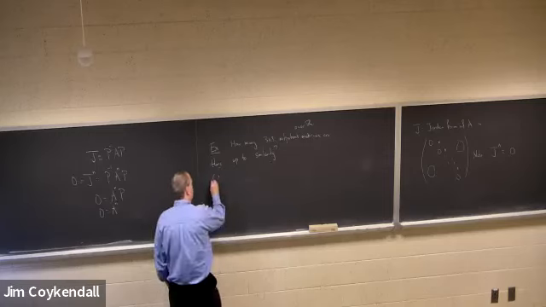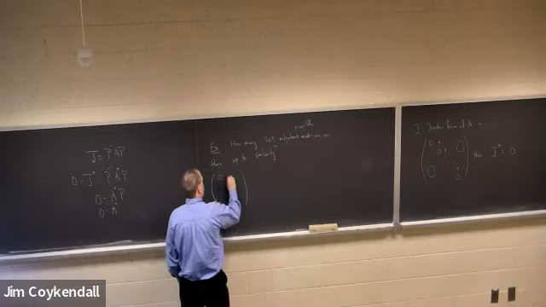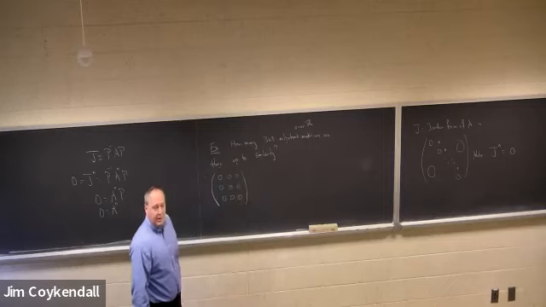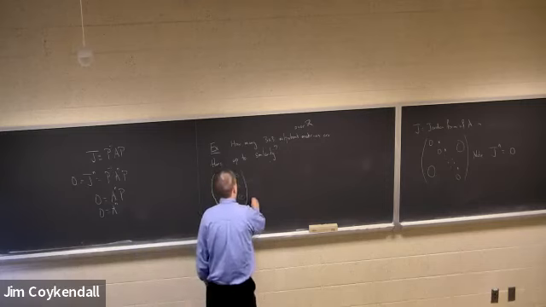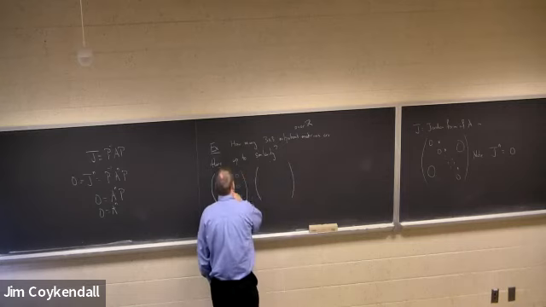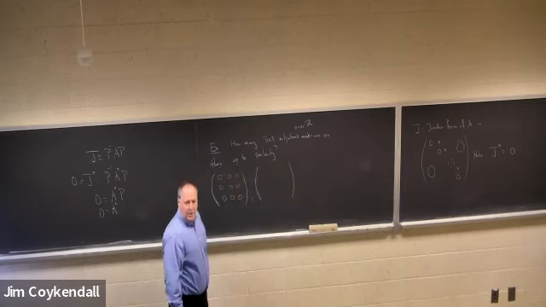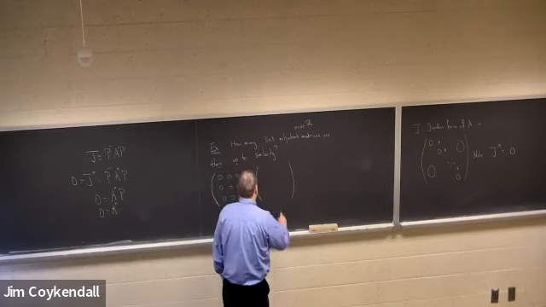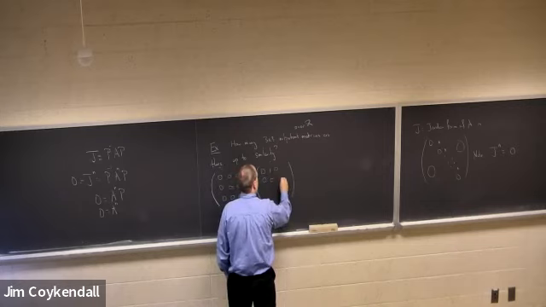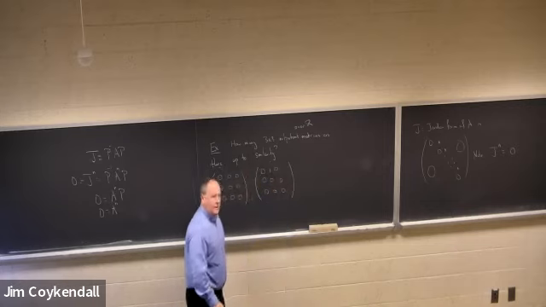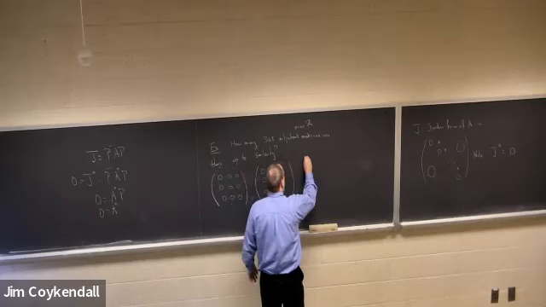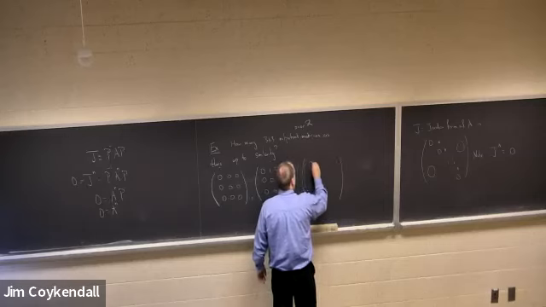Well, let me start with the zero matrix. Ooh, I bet that one's nilpotent. You could also have three 1 by 1 Jordan blocks. I could also have a 2 and a 1, that's a 2 Jordan block and a 1 Jordan block. And I could also have a 3 Jordan block.